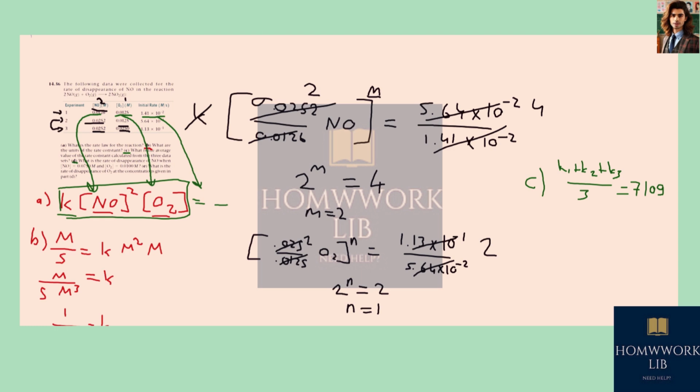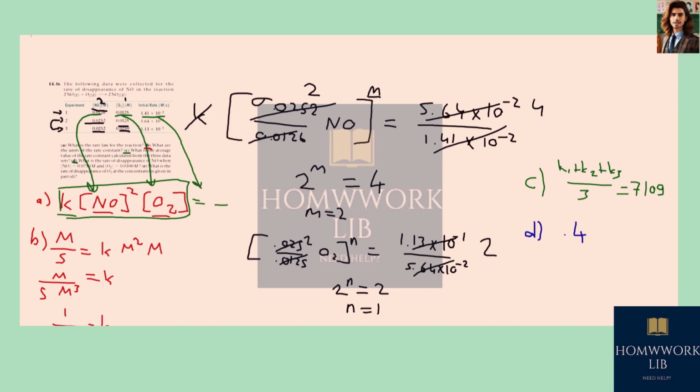So as we do that, the number we come up with is going to be 0.4 once we get these values into our rate law.